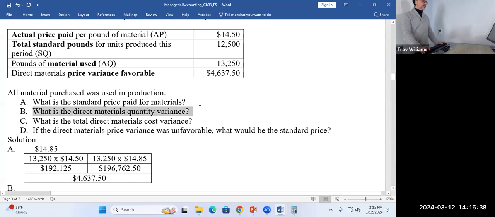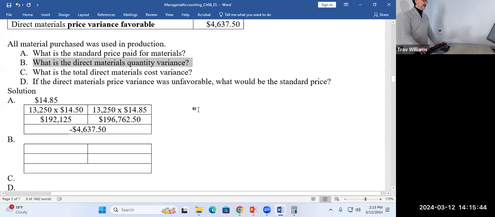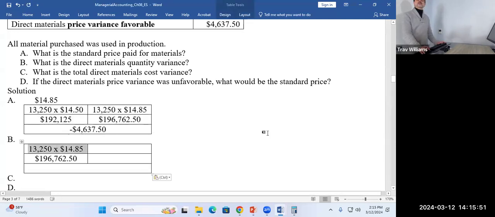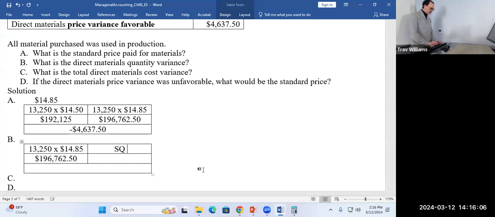What is the direct materials quantity variance? So here we're using the second formula. And if you remember, the right part of the price variance formula is the left part of the quantity variance formula. So we could save ourselves a little time by just taking the right part of price variance and make that the left part of quantity variance. But then what we need over here is standard quantity times standard price.